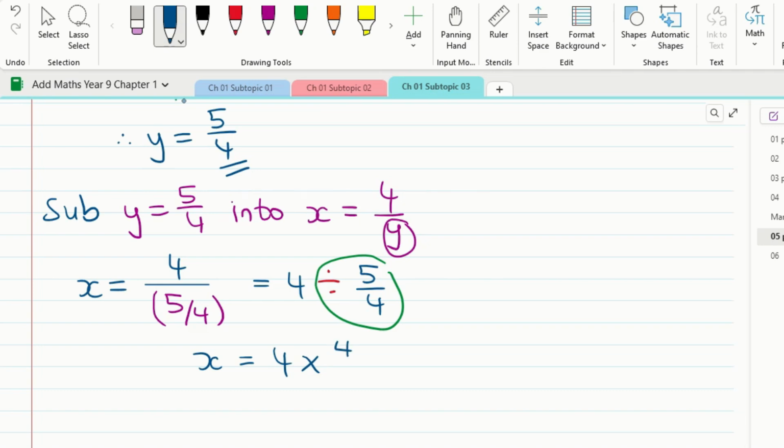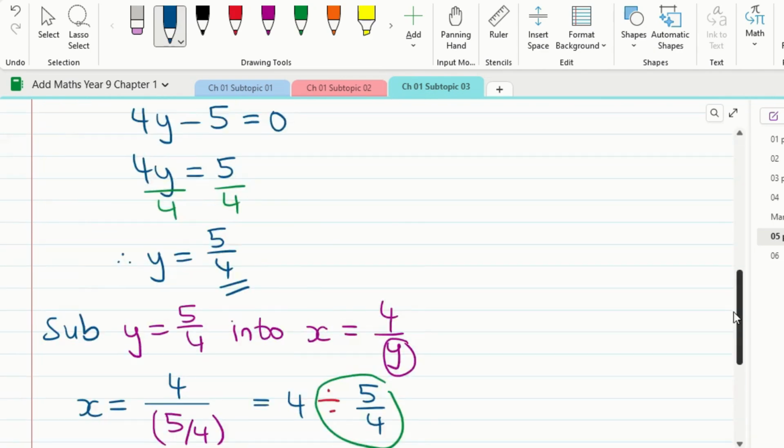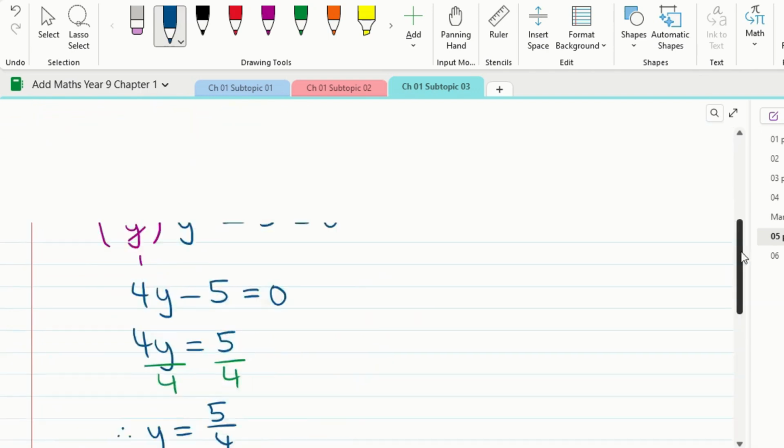Therefore 4 times 4 over 5 is 16 over 5.